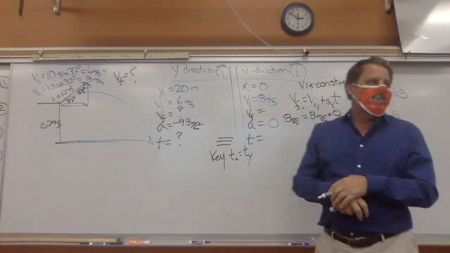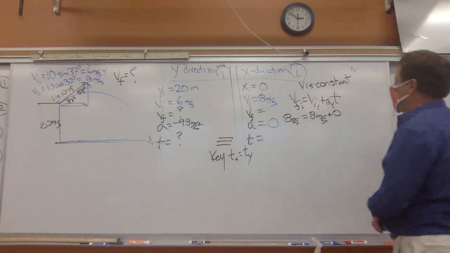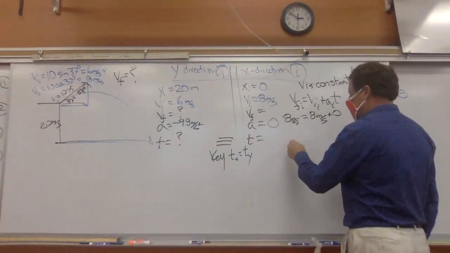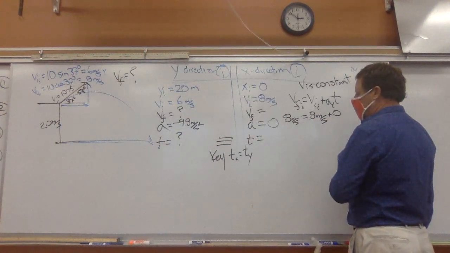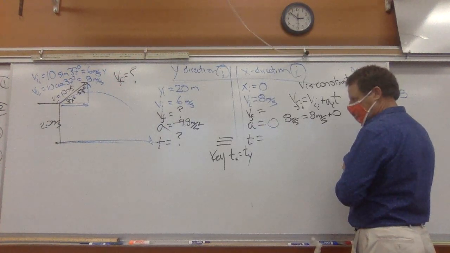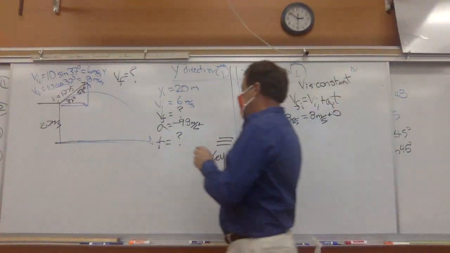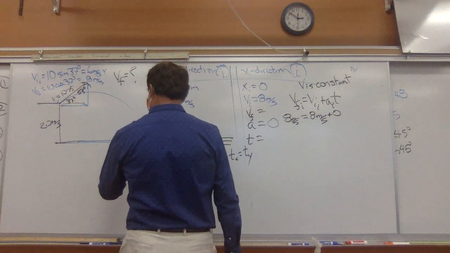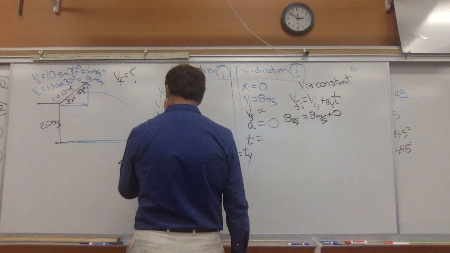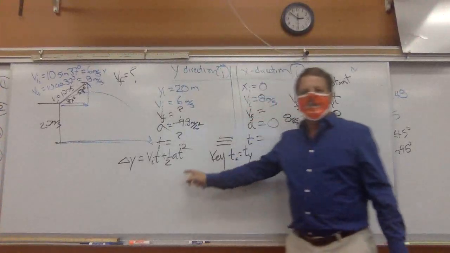Now, we can therefore describe the time, okay? Let me see here. So if we go delta y is equal to v I t plus 1/2 a t squared.